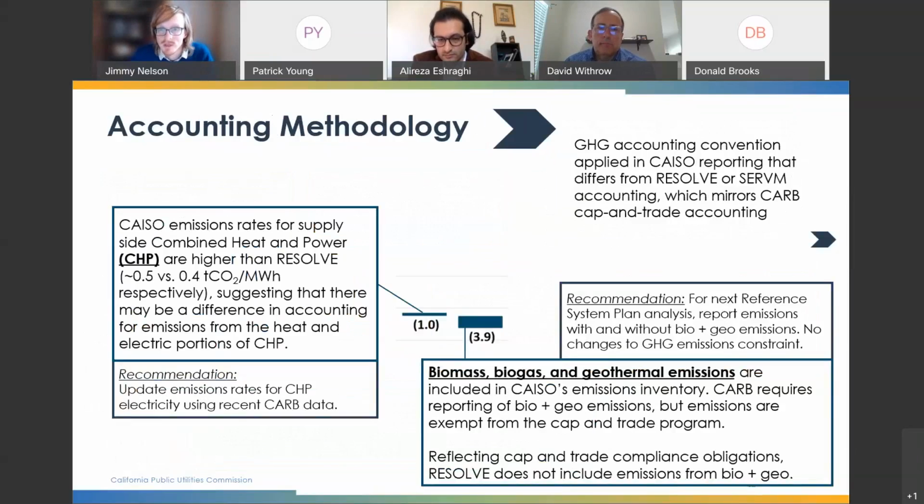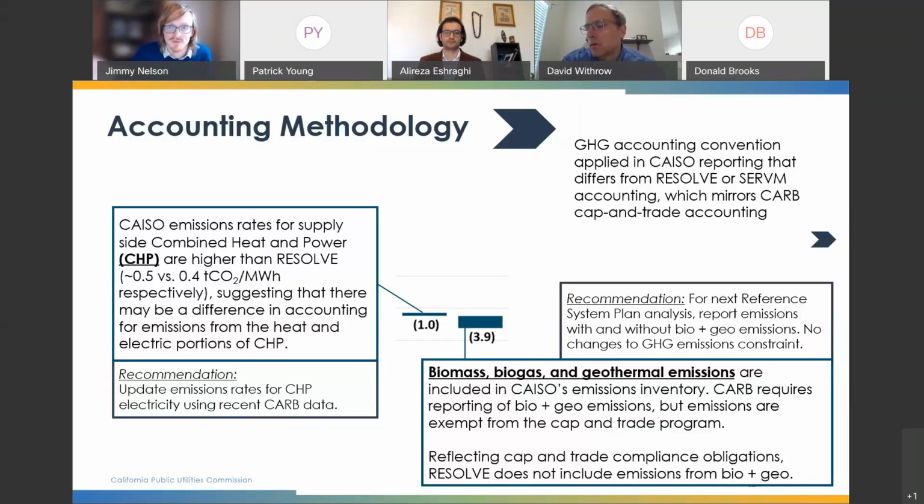Accounting methodology. This one is worth thinking about a little bit. Let's go to the left one first. 1 million metric tons of difference are attributable to different combined heat and power emission rates. The emission rate that you use for combined heat and power is always challenging because you're putting fuel into a combined heat and power plant, and that's easy to quantify.